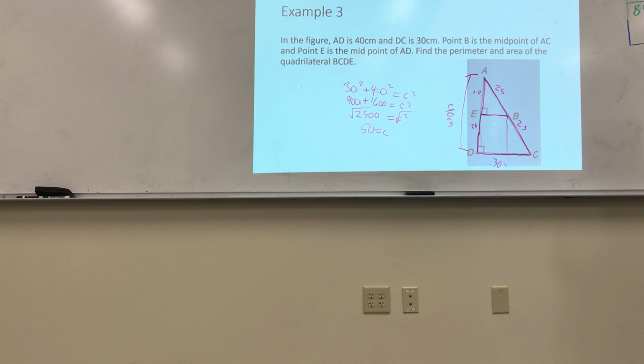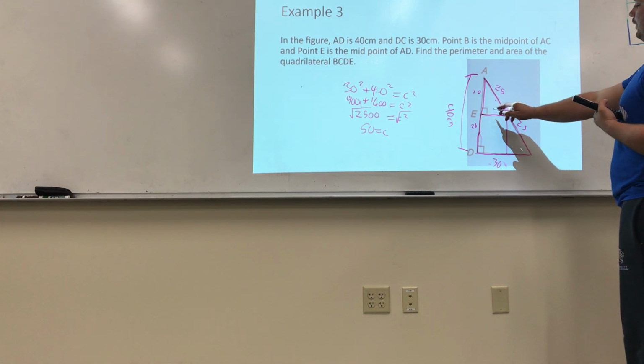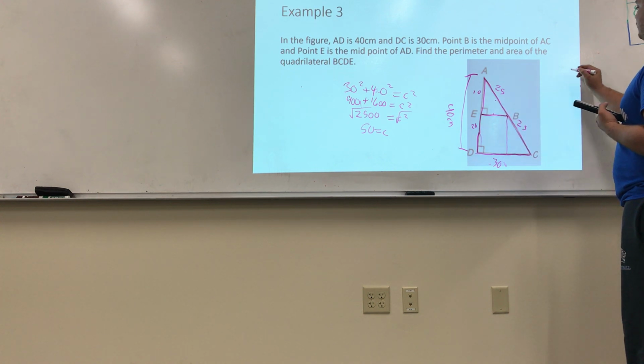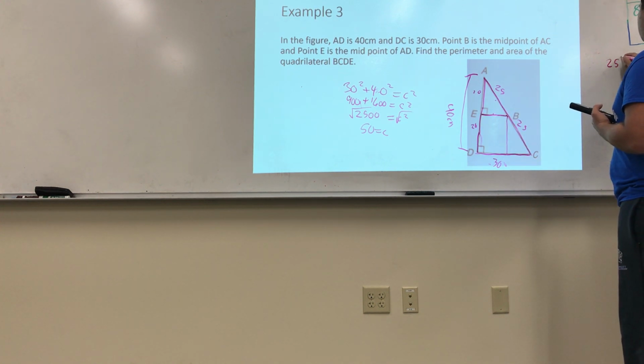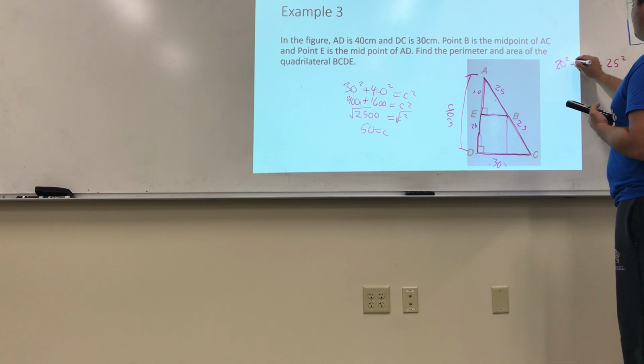I've got to find the perimeter too. But I've got 3 of the sides. I need the 4th one though. Once again, I'm going to use the good old Pythagorean theorem and find this one. But I have c squared this time. It is 25 squared. This is going to be 20 squared plus b squared.